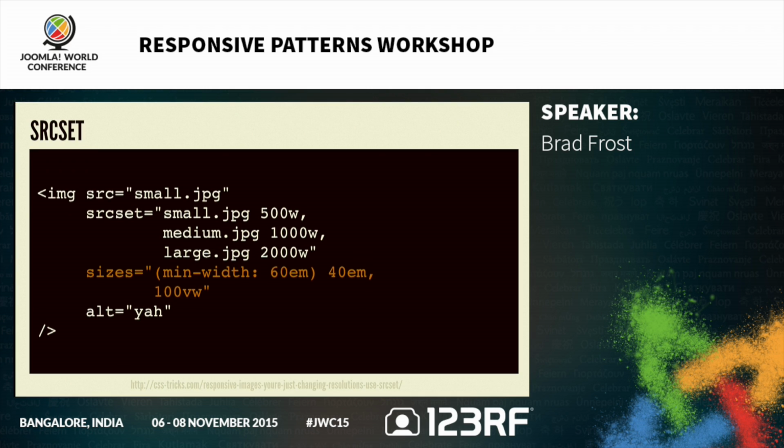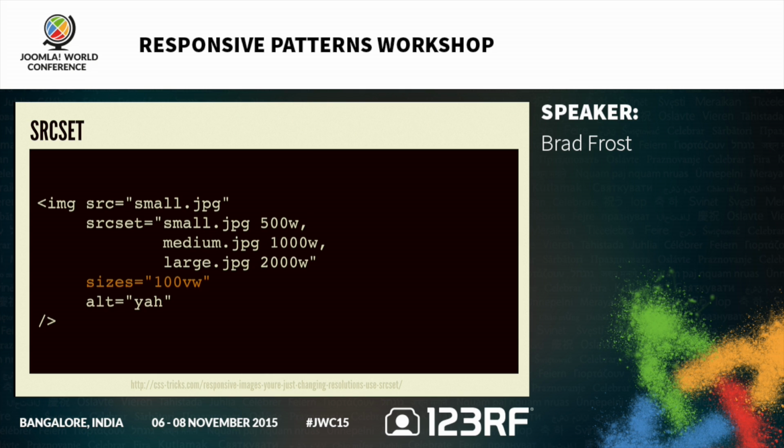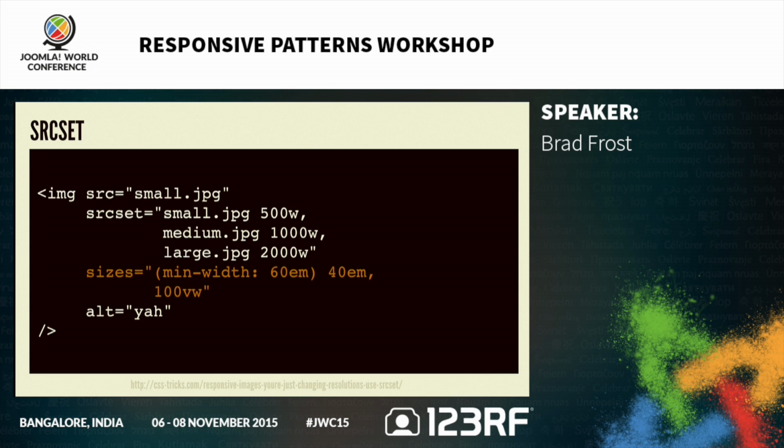And this gets challenging and a little complicated, because what we're doing is we're saying, okay, maybe for the hero image, it's always going to be this big full bleed thing, and it's always going to be 100% of the viewport width, which is what that 100vw is. It says, hey, this image is always going to display at full width, right? But that might not always be the case. Maybe you have some touts that eventually display in 3 columns.